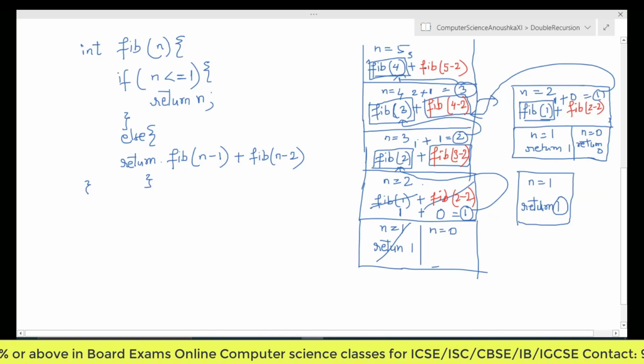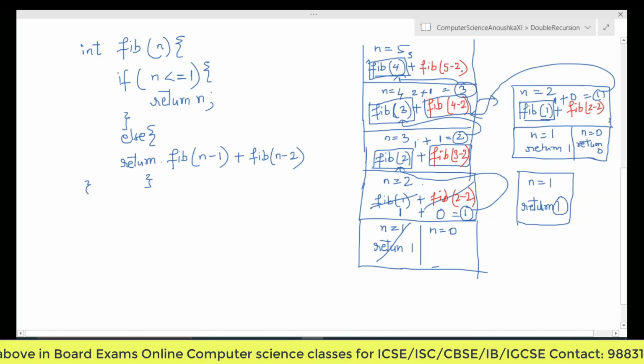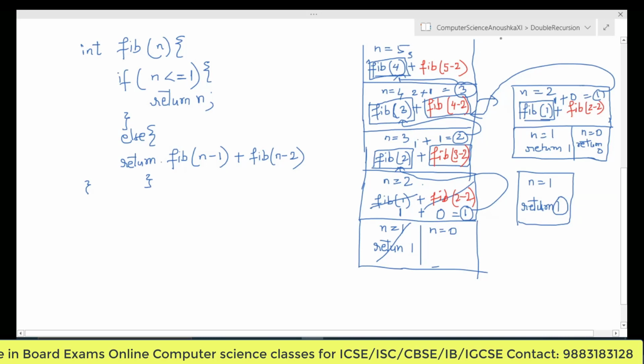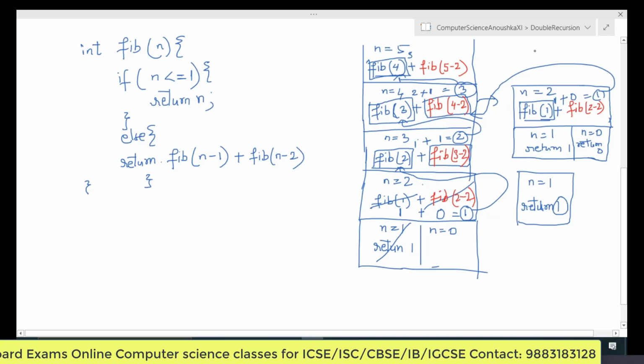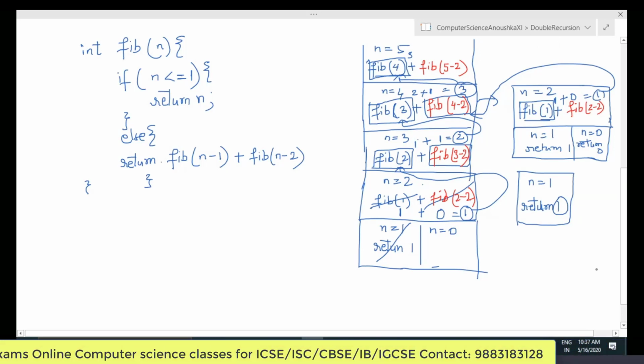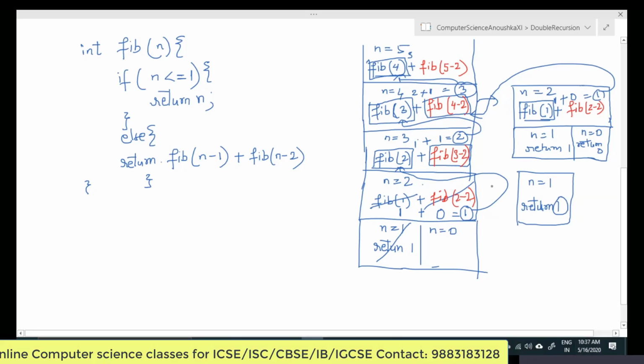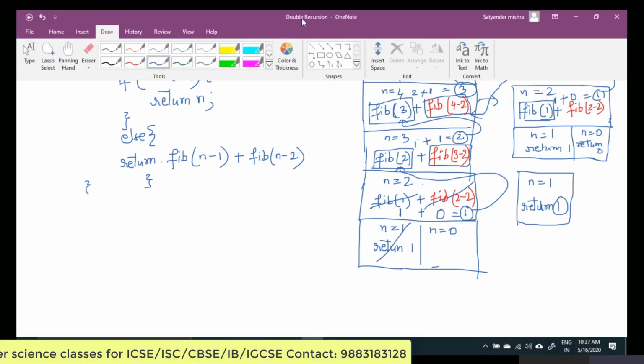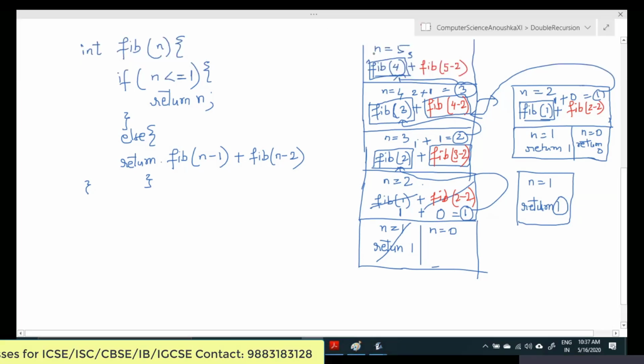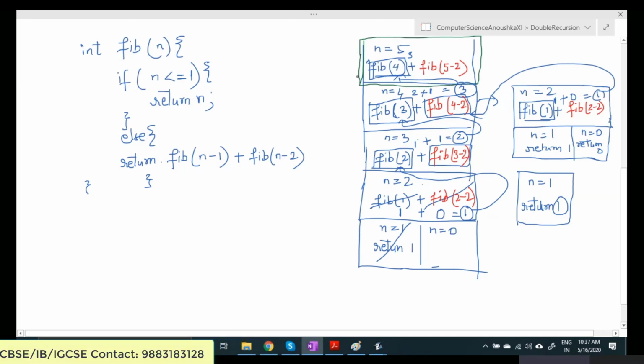Now this call, fib of 5 minus 2, is actually n equal to 3. There will be another call, so let me draw it here. Let's mark it with another color. So I'm executing this step right here.